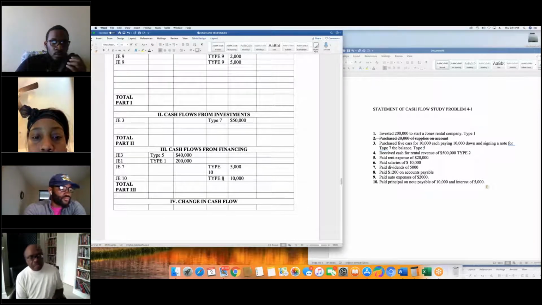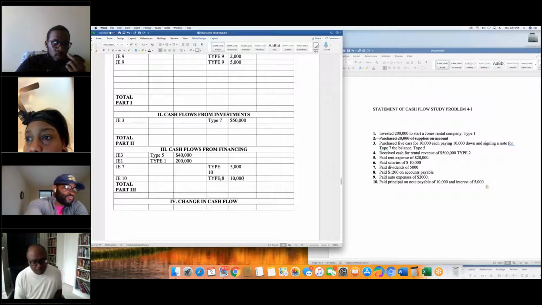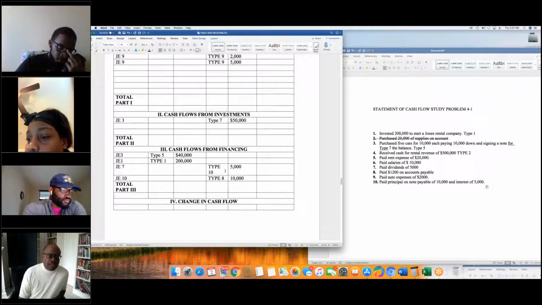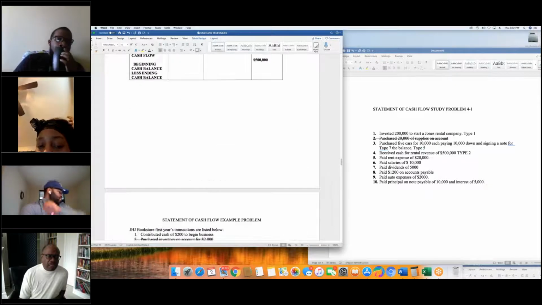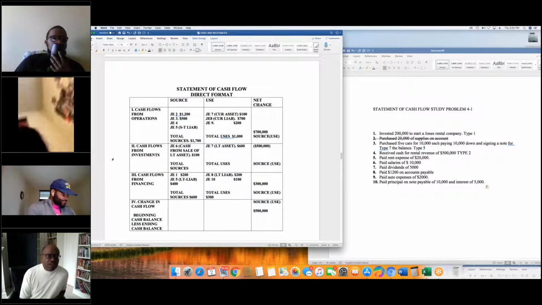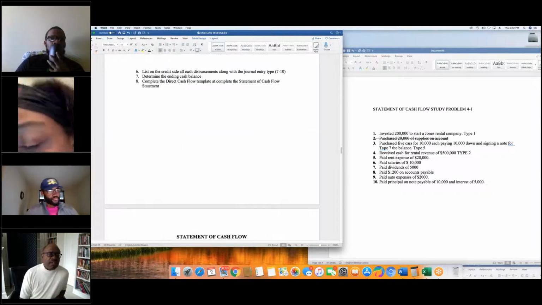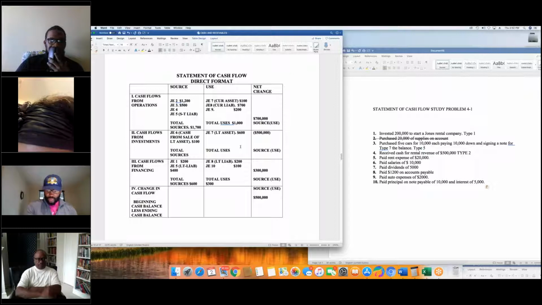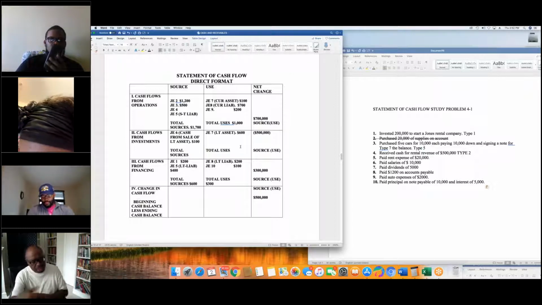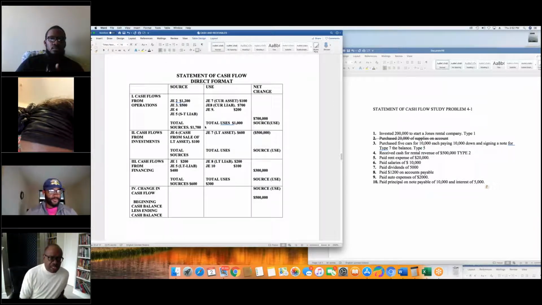Payment of a liability, but it's a long-term liability. So you've got this chart that tells you where everything goes. So you look at the transaction, determine the type, then look on the chart, see where it goes.